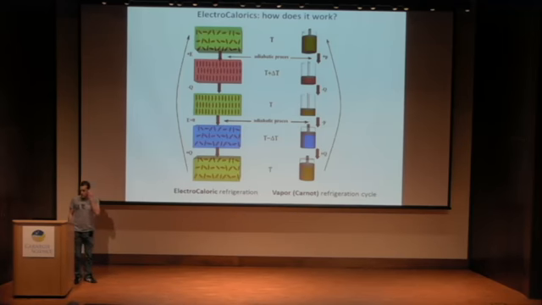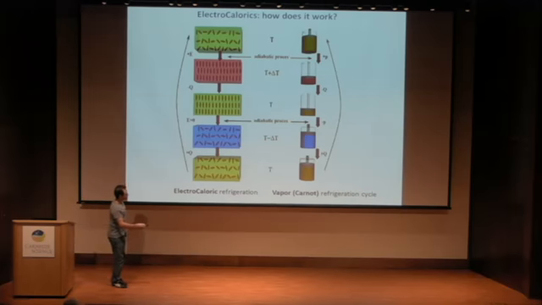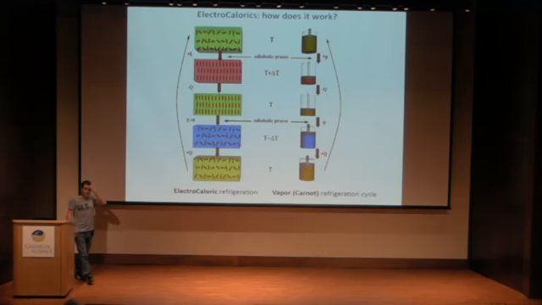But before, let me just remind you how it works. This slide shows the electrocaloric properties in comparison with a classical vapor-based refrigeration cycle. We start with a disordered system where you have dipoles. Then you apply an electric field in adiabatic conditions.